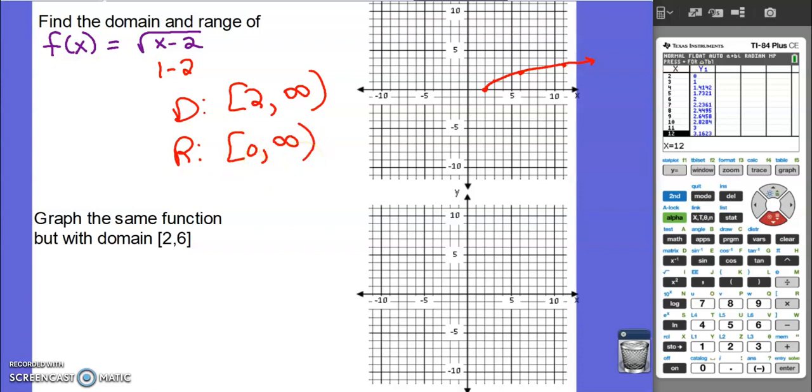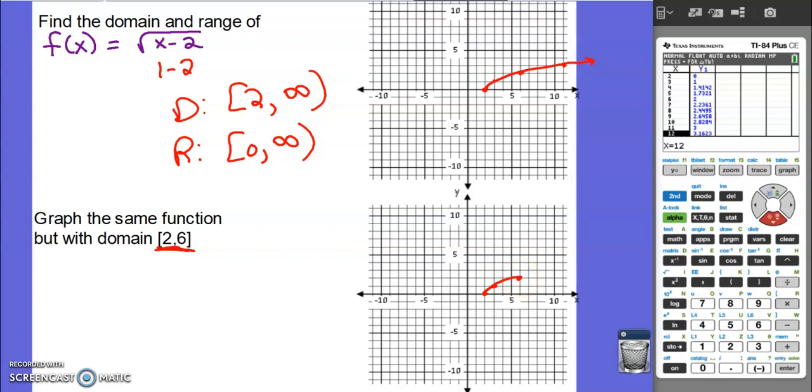Now, what if I graph the same function, but with only 2 to 6? So I only want to look at values 2 to 6. So at 2, remember it was at 0, and at 3 it was 1, at 6 it was at 2. So we're only going to be concerned with that much domain, all the numbers in between, just between 2 and 6.